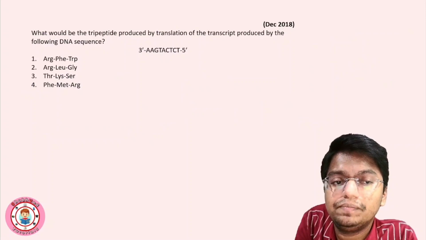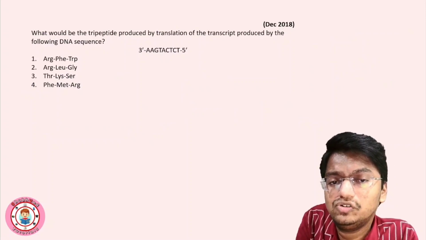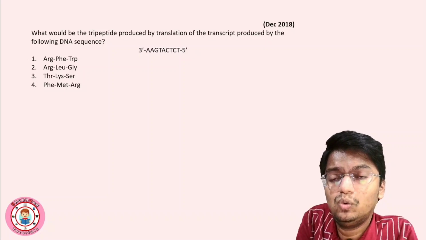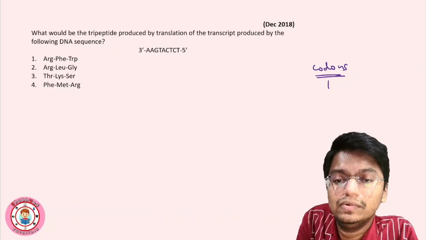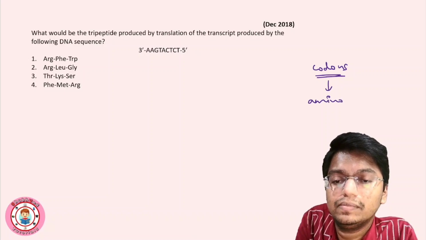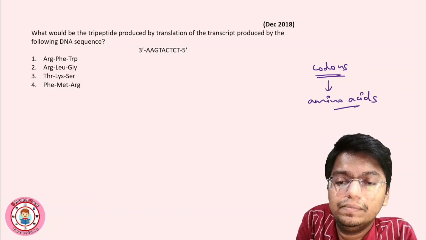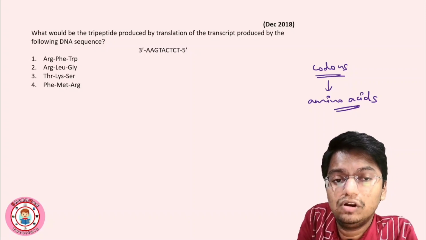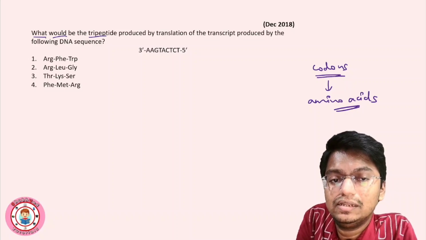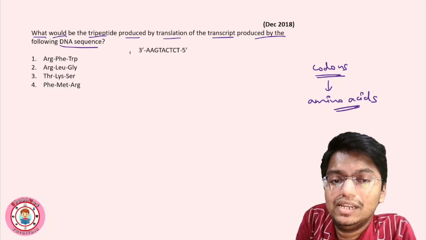Next question. So basically this question is about genetic codes, codons and the amino acids that you have to remember for these questions. Okay, I will show you how you can solve it very easily. What would be the tripeptide produced by translation of the transcript produced by the following DNA sequence? Here the DNA sequence is given 3' to 5'.